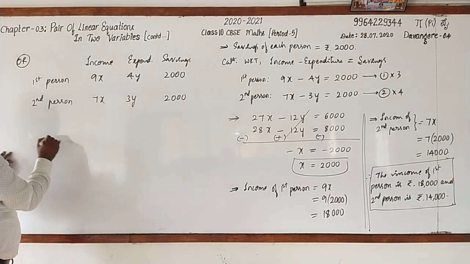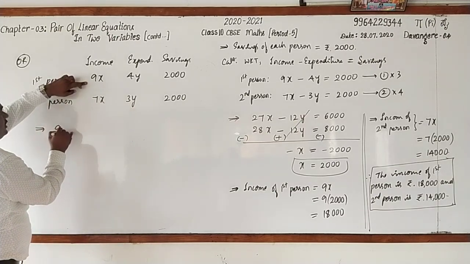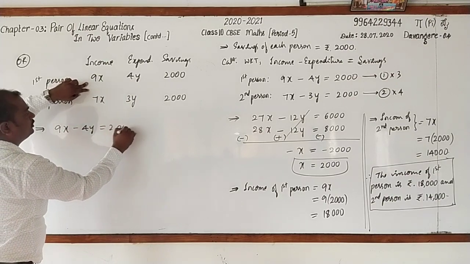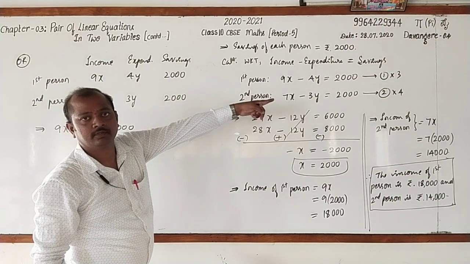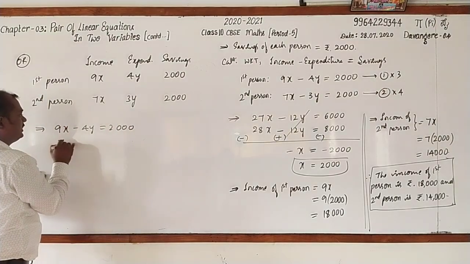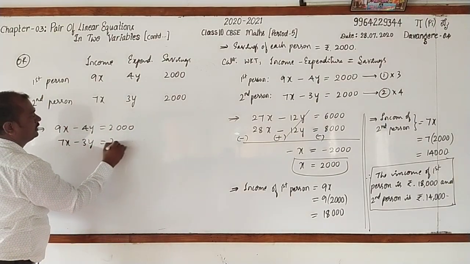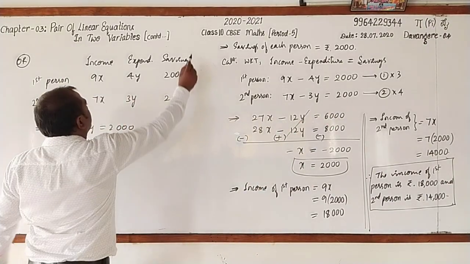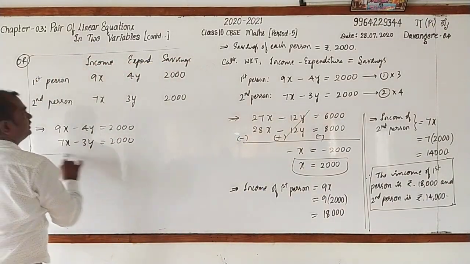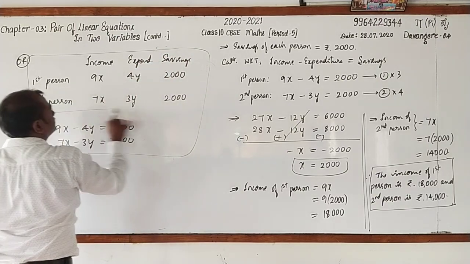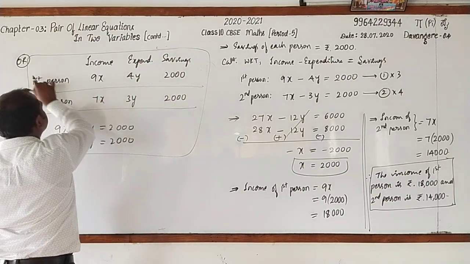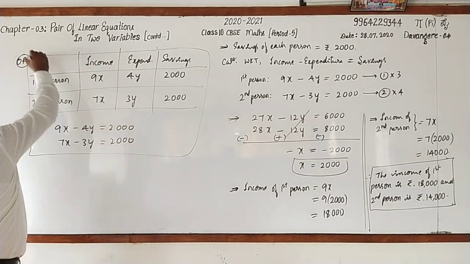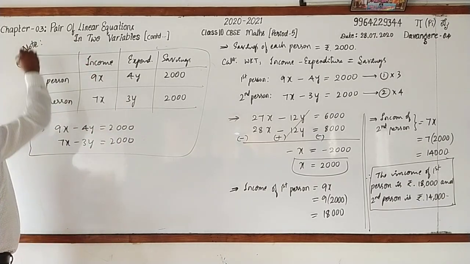Then you can write the equations as 9x minus 4y equals 2000, and 7x minus 3y equals 2000. This is another simple way of writing, just for the sake of information only. So, in your notes, you can write this.